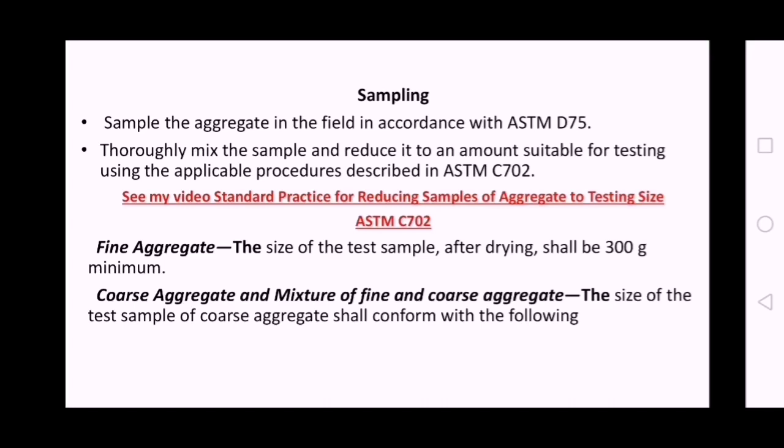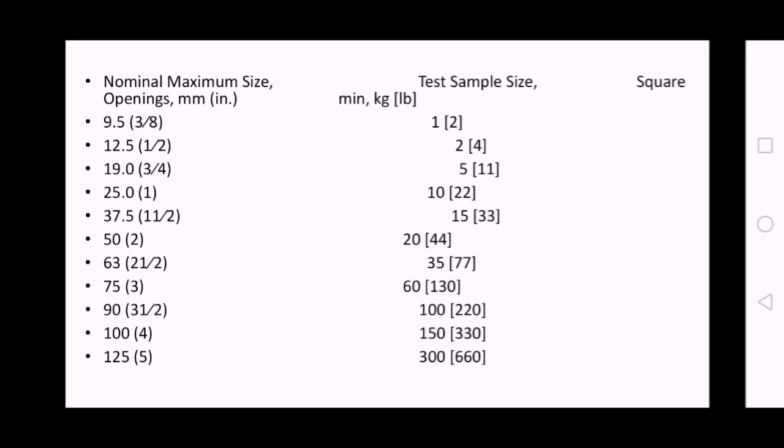Guys, for fine aggregate, we need around 300 gram of sample after drying. For coarse aggregate and mixtures of fine and coarse aggregate, the size of the test sample of coarse aggregate shall conform with the following. This is the sample that we require as per nominal maximum size opening.